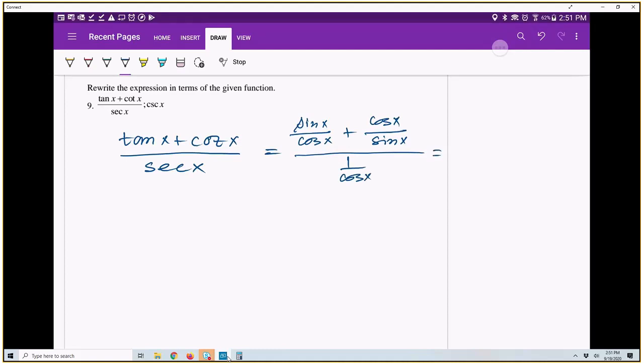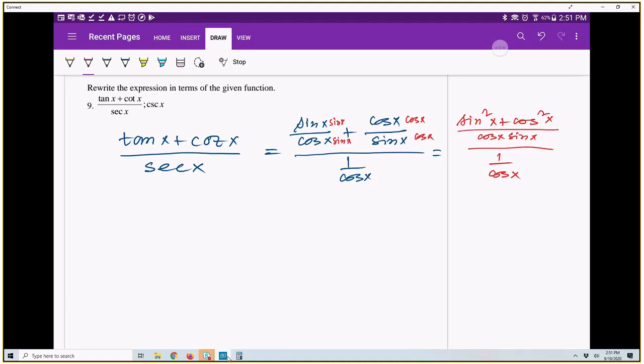Common denominator on the top, so you multiply sine on top and bottom for the first fraction, and for the second fraction you multiply cosine on top and bottom. So you get (sine squared x plus cosine squared x) over cosine x sine x, the common denominator, all over 1 over cosine x.